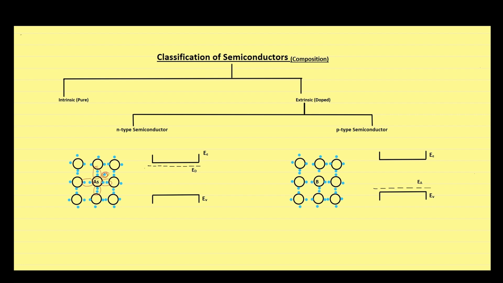This electron is so loosely bound that even a small amount of energy is sufficient to move it into the conduction band, and the energy level for such loosely bound electrons is depicted by ED. As you see, EC minus ED is very small, of the order of about 0.01 electron volt for germanium and 0.05 electron volt for silicon.